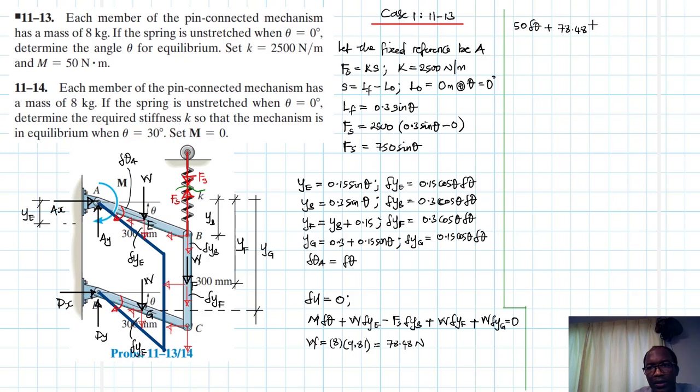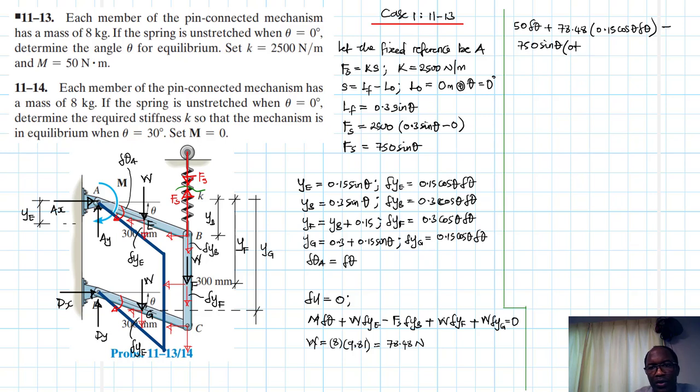Del yE is 0.15 cos theta del theta. Then minus Fs, we said it's just 750 sine theta, and this times del yB.